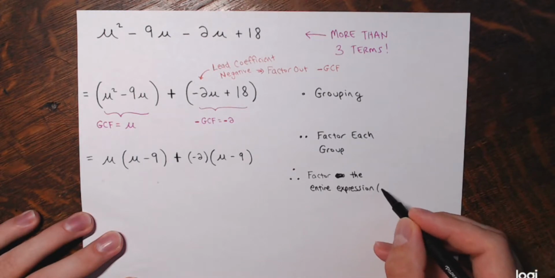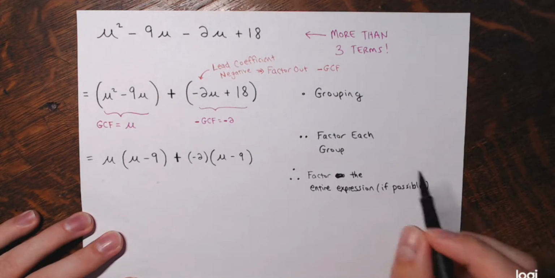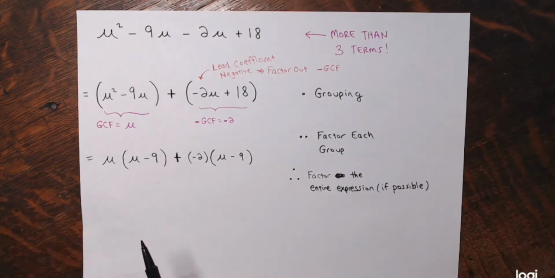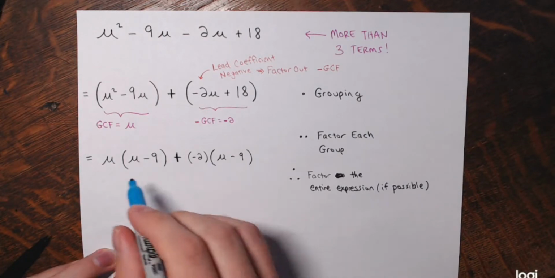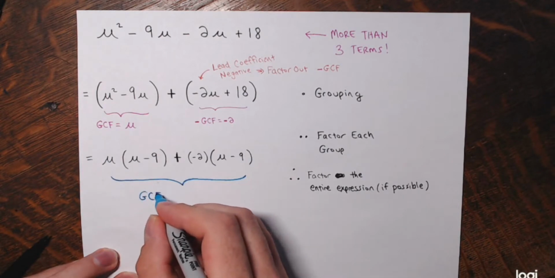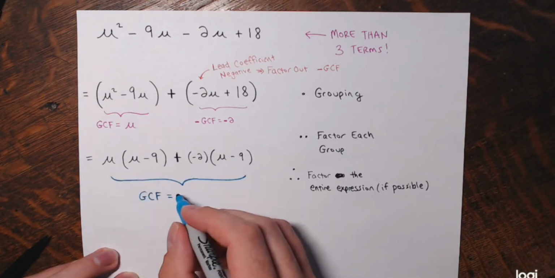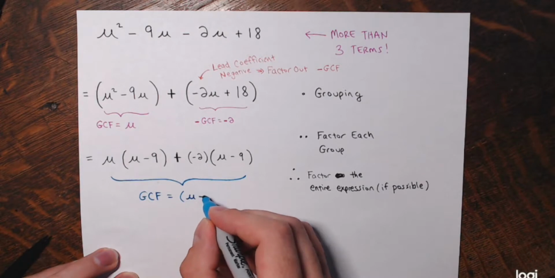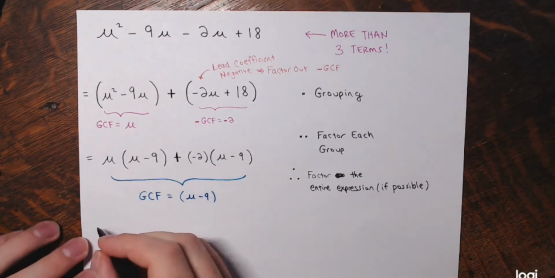And I'll say, if possible here, because there are polynomials with more than 3 terms that are not factorable by grouping. But yeah, now look at the expression as a whole. You got this first product plus this second product. There is a greatest common factor for both of these. Both of these have a common factor of u minus 9. This quantity u minus 9.